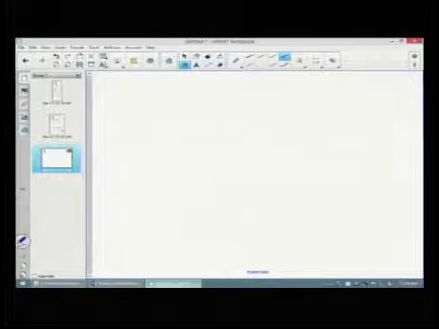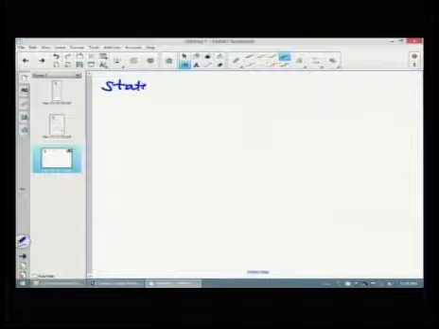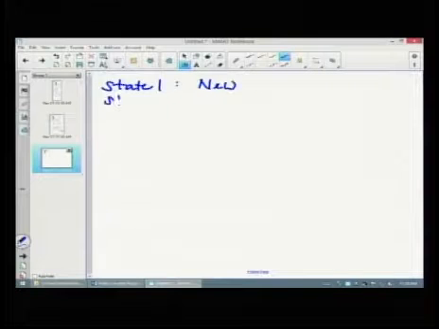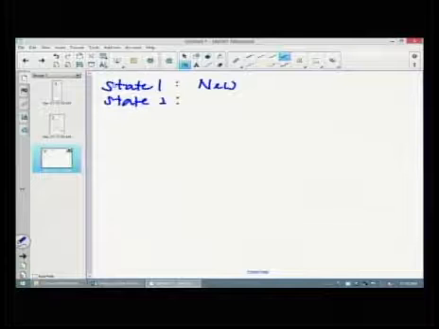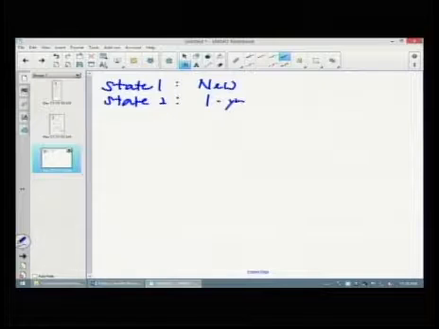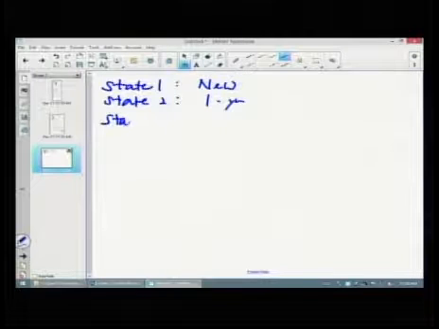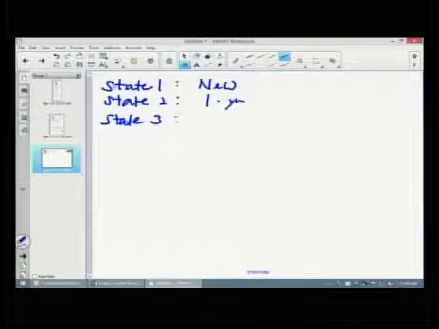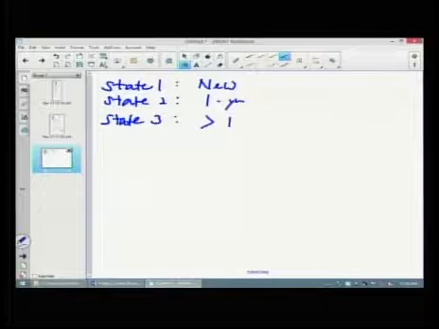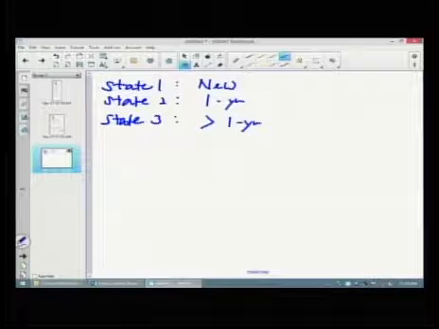So here, let's say state 1 is the new subscriber. State 2 is 1 year subscriber. State 3 is more than 1 year subscriber.